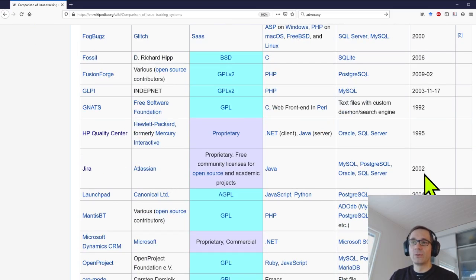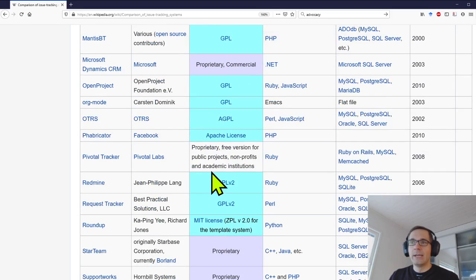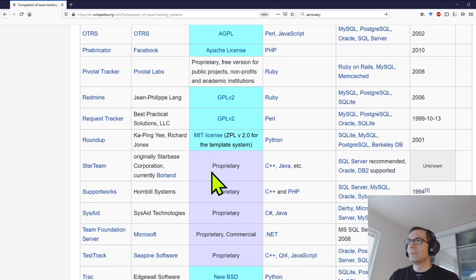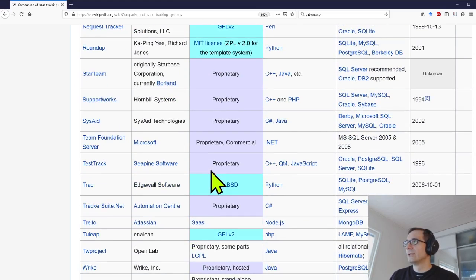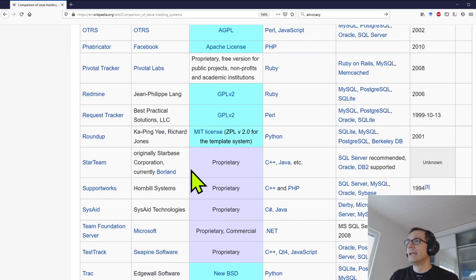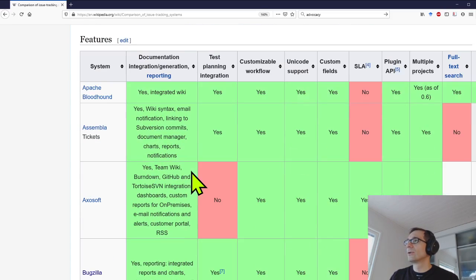I think this is still one of the most popular systems. And there is a pretty long list here. We can see even some older systems like SupportWorks from '94, TestTrack '96, and so on. And there is even a feature comparison of what different features are available, you know, test planning integration, service level agreements, plugin APIs, and so on.